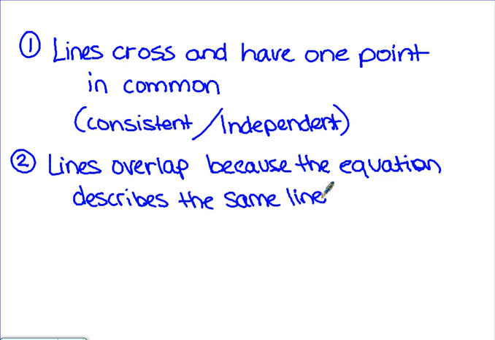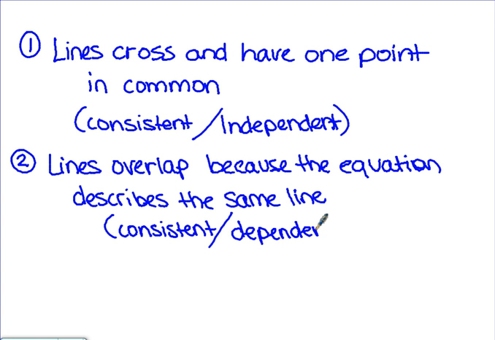So if I have a line that is being graphed the same, it's going to be a consistent system. All solutions are common. And we already determined that if they are dependent systems, they're going to have the same graph. Well, if my lines are overlapping, obviously they're the same, so it's going to be consistent and dependent. So when lines cross and have one point in common, they're consistent and independent. When the lines overlap, because the equation describes the same line, they're consistent and dependent.